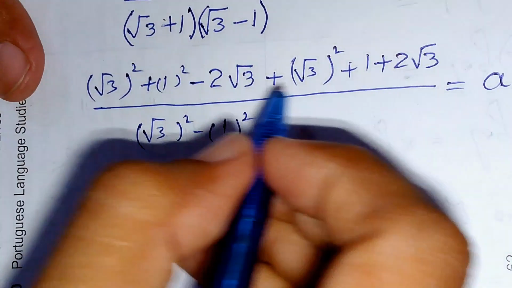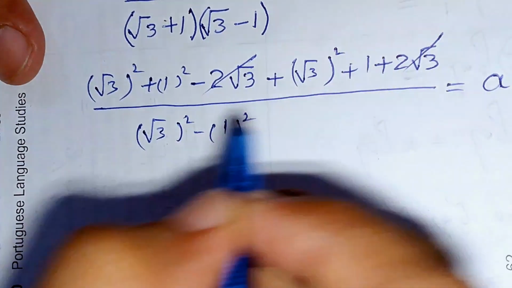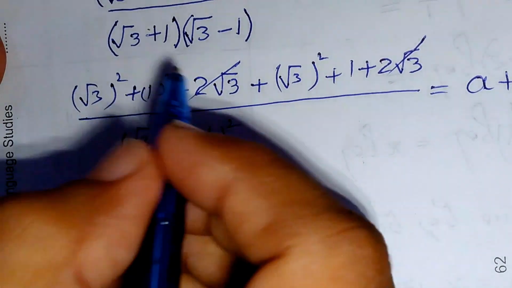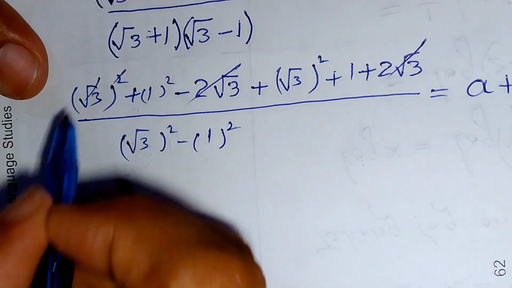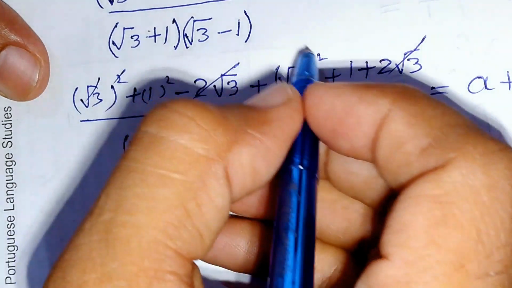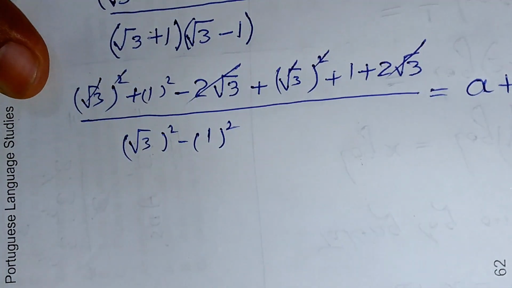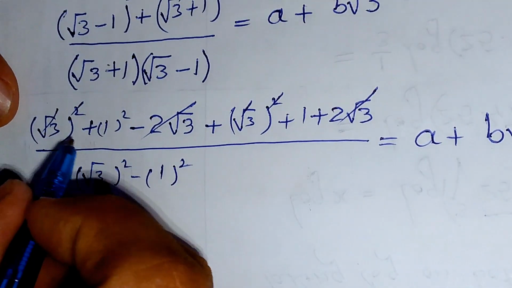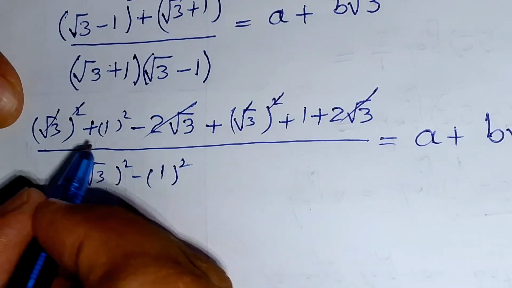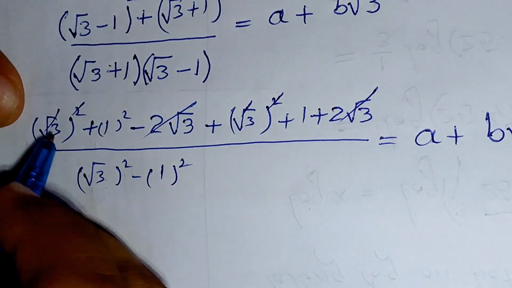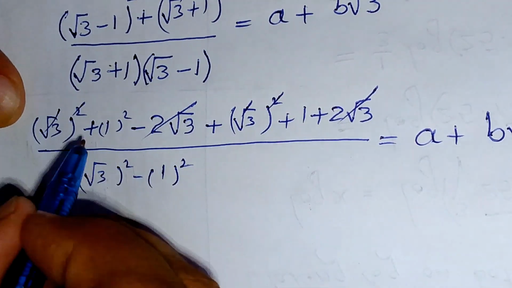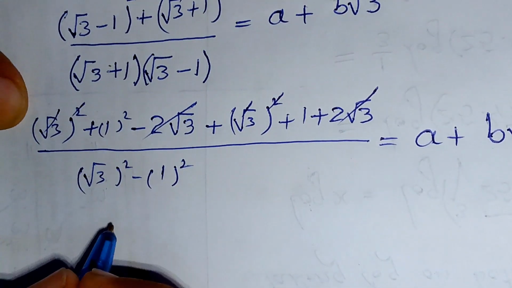Okay, here you see that we can cancel this with this one, so the square root will be cancelled with the square. Here we can cancel this, so 3 plus 3 plus 1 plus 1, so 3 plus 3 is 6, plus 1 is 7, and plus 1 is 8.